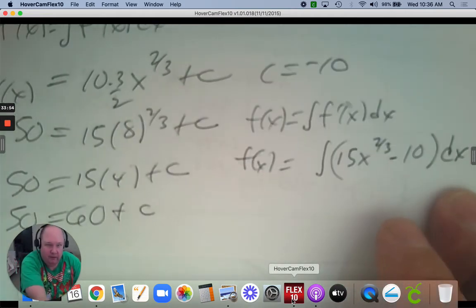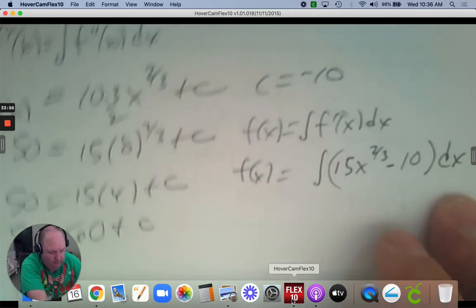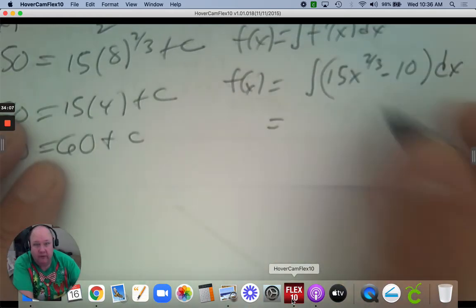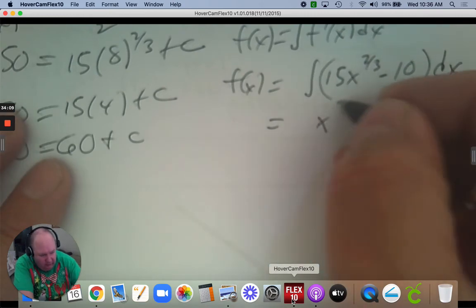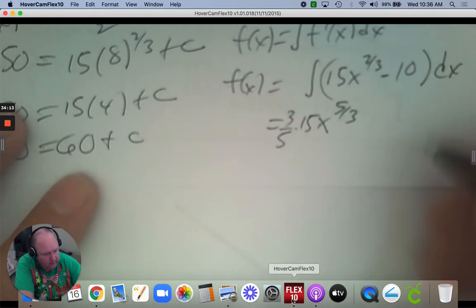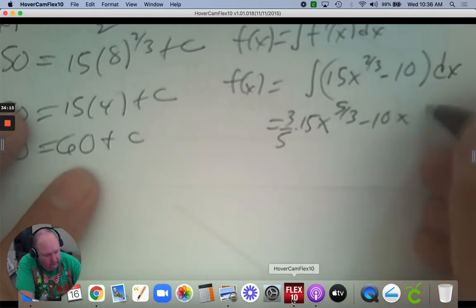And then we integrate that. To integrate this, we're going to add 1 to the exponent and then do the reciprocal. And then 10 is just 10x and then c.